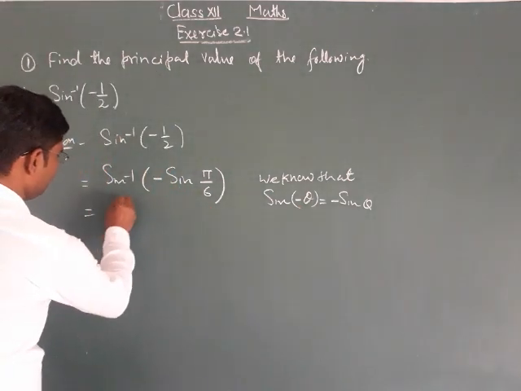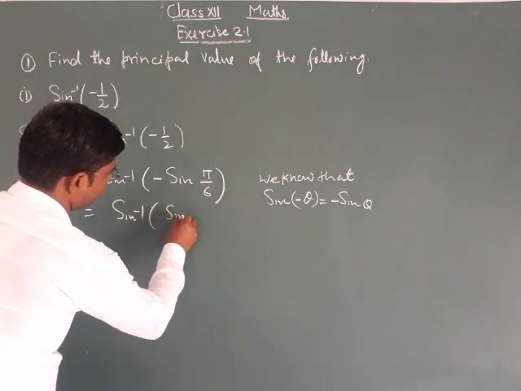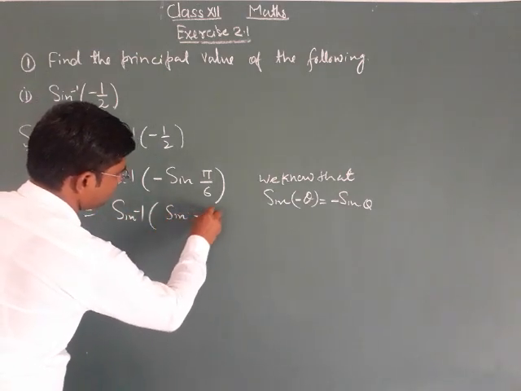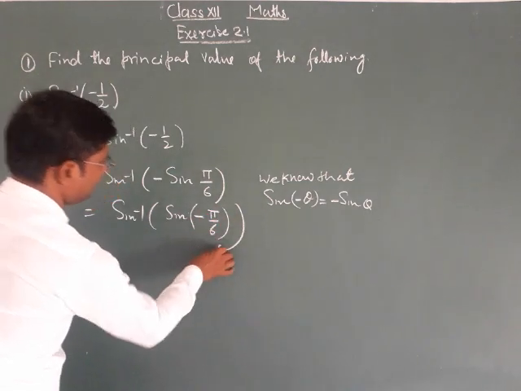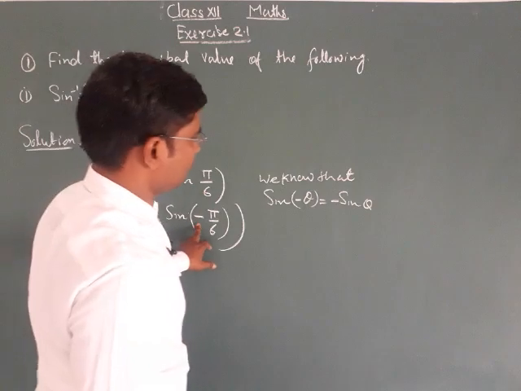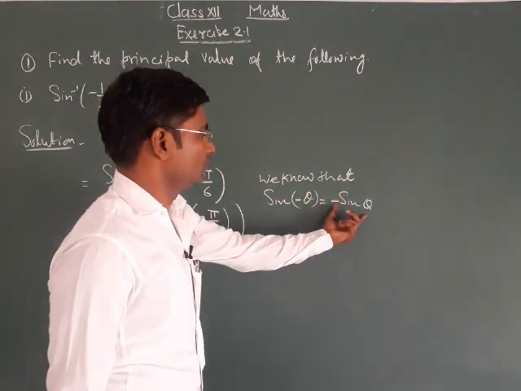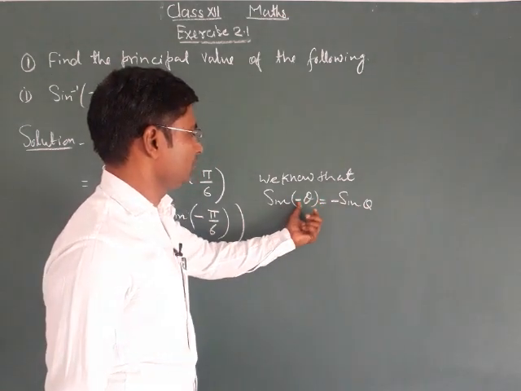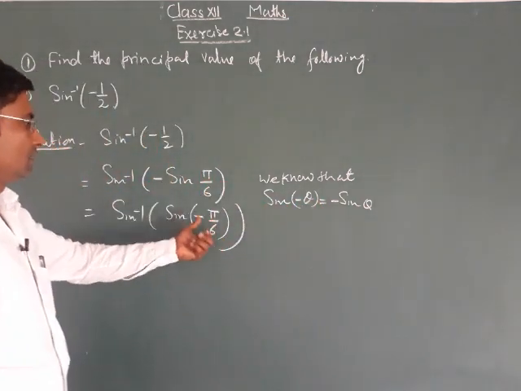We can write sine inverse of sine of minus pi by 6. So minus sine theta can be changed to sine minus theta, where theta is pi by 6.